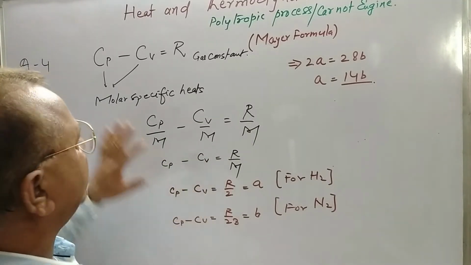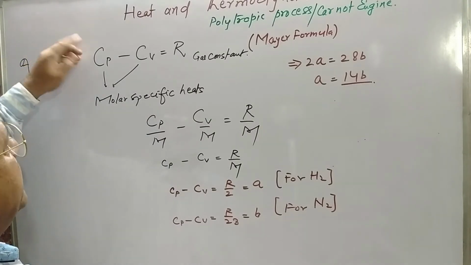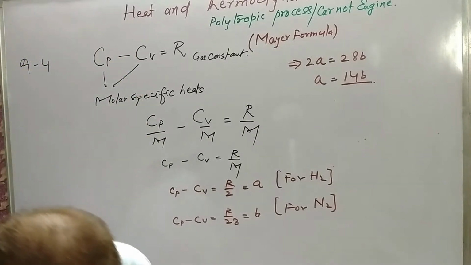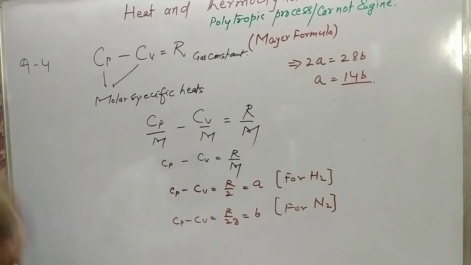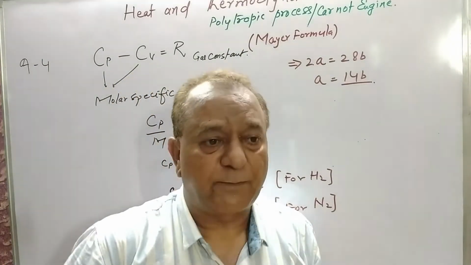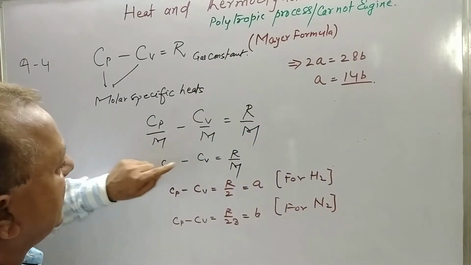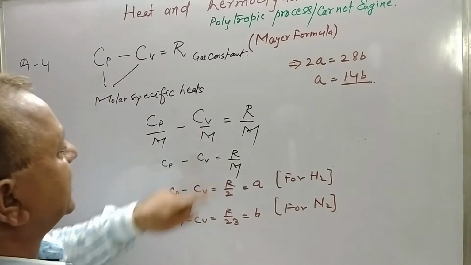In this question, he has just used this nomenclature, Cp and Cv. But remember that in the question, he has stated these are specific heats. He is not saying these are molar specific heats. So what he is trying to say is small cp minus small cv is equal to R by m.